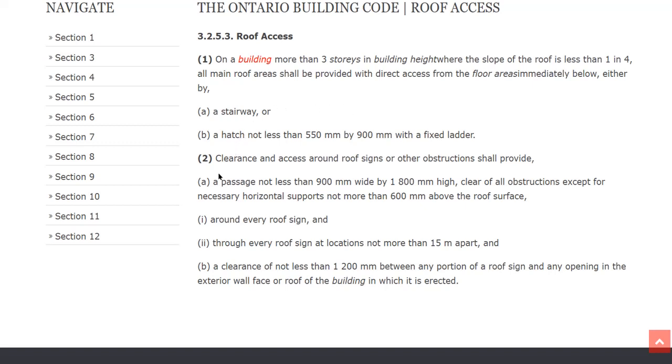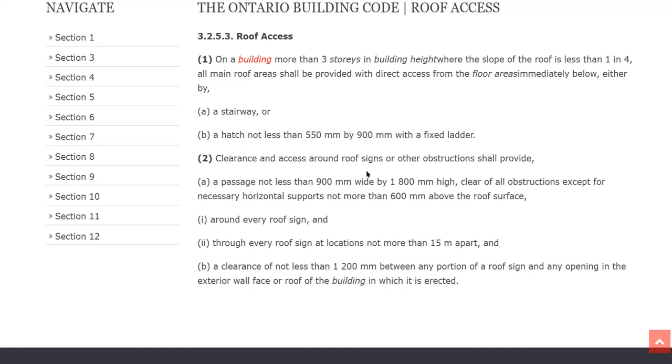Straight down to number 2, sentence 2, article A. A passage not less than 9 meters wide by 18 meters height, clear of obstruction except for necessary horizontal supports not more than 600 millimeters above the roof surface. Basically, a sign must be no more than 600 millimeters above the roof surface.